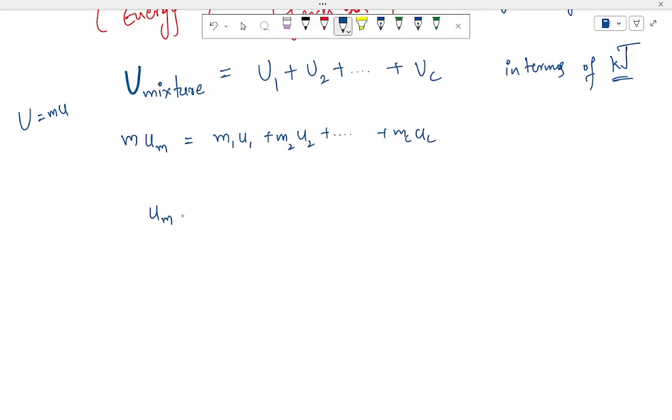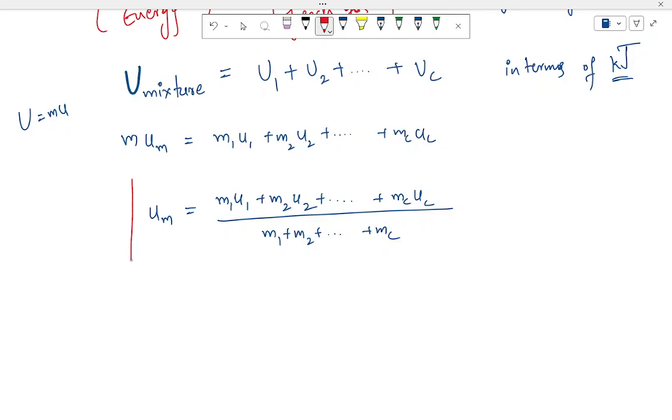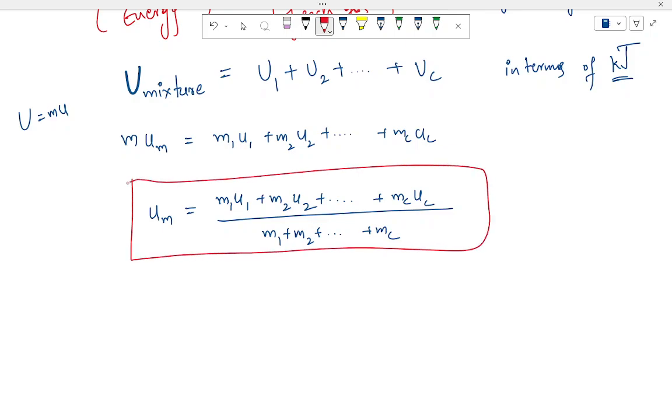The specific internal energy um, of the mixture, can now be calculated as m1 u1 plus m2 u2 plus so on plus mc uc, divided by m, which is nothing but m1 plus m2 plus so on plus mc. This formula also we have seen in the summary of the previous class. So this is what we have here for the internal energy of the mixture.